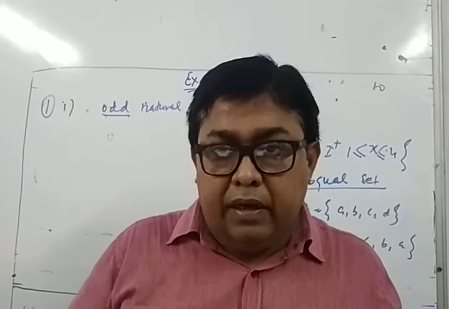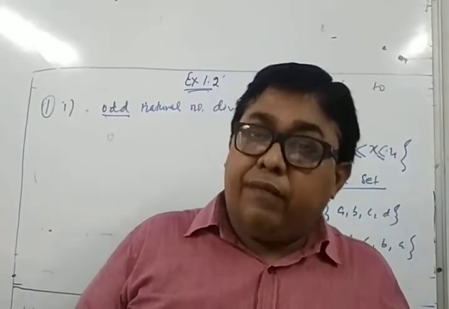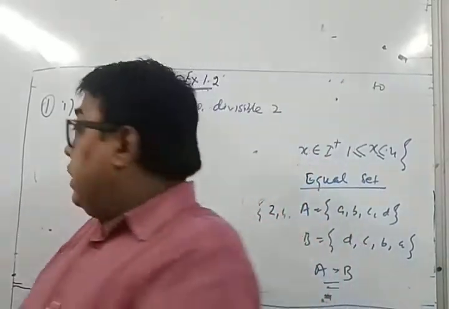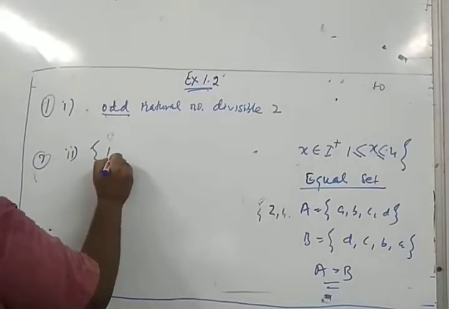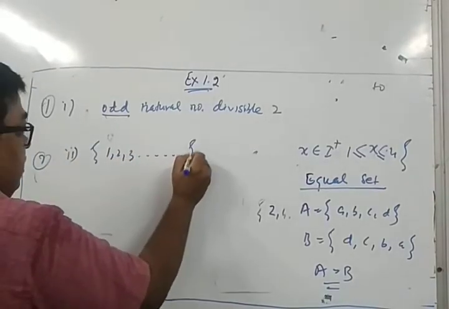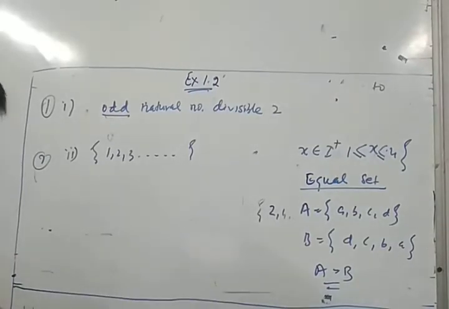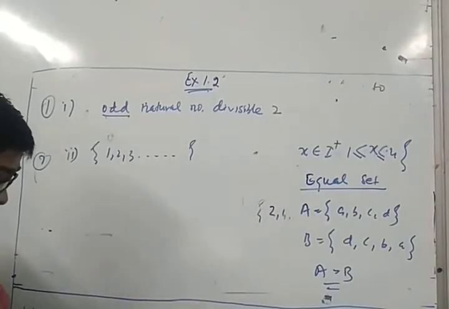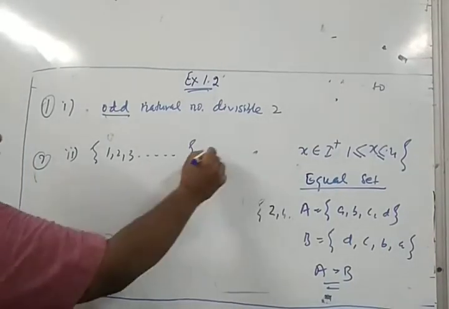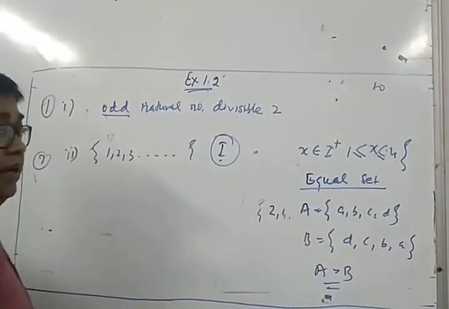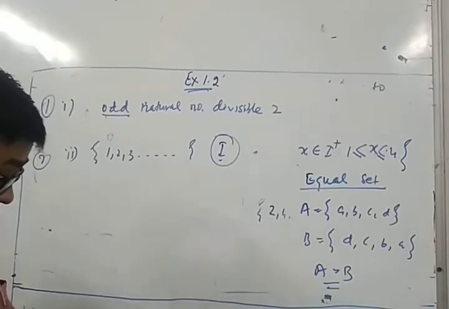It is well defined and limited, so it is a finite set. Then the second part: 1, 2, 3, and so on. This is the natural numbers, unlimited, you can write any number. So this is infinite, not finite, right?